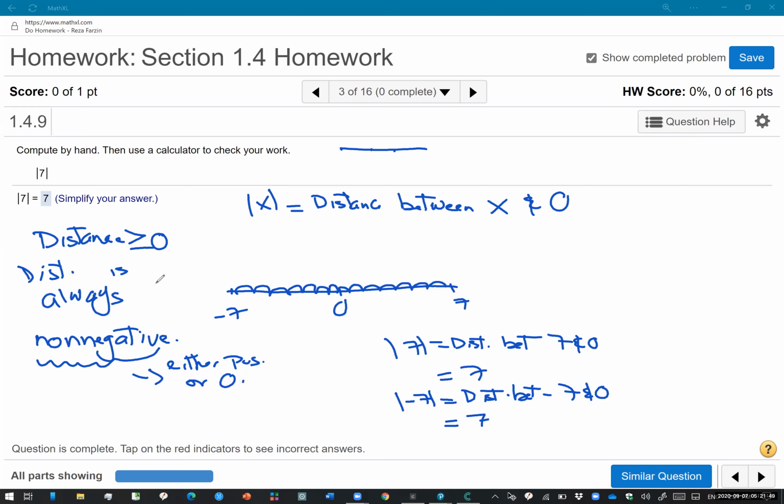Exactly. Since absolute value is distance and distance is always non-negative, that tells you what? Absolute value is always what? Non-negative, right? That's why. Okay? So there we go.